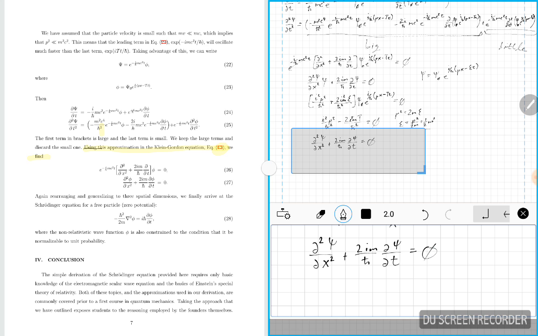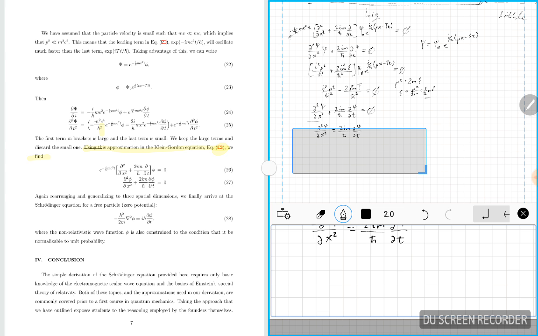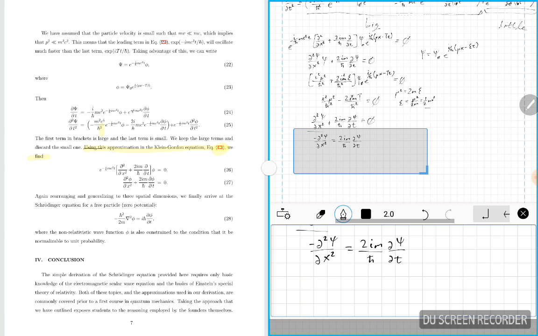We can rearrange that a little bit. So I could have negative. So I'm going to subtract this on both sides. And then I can move some stuff around.